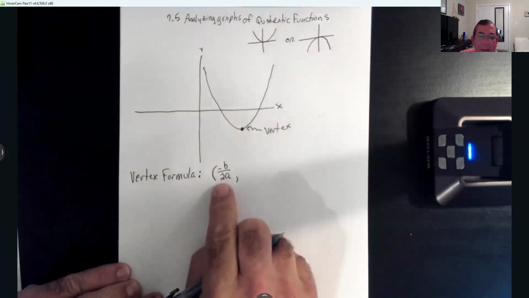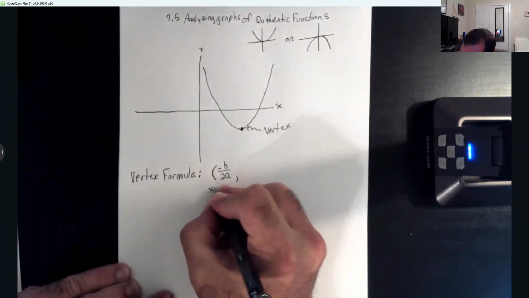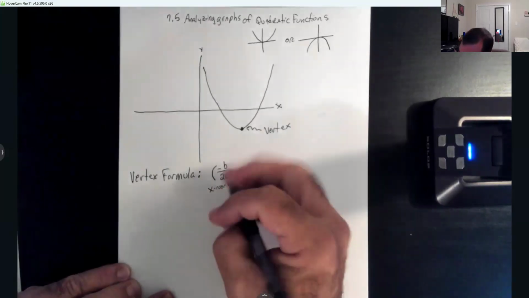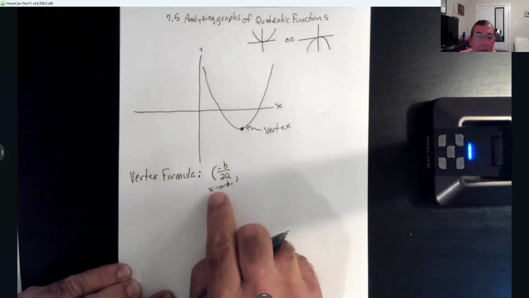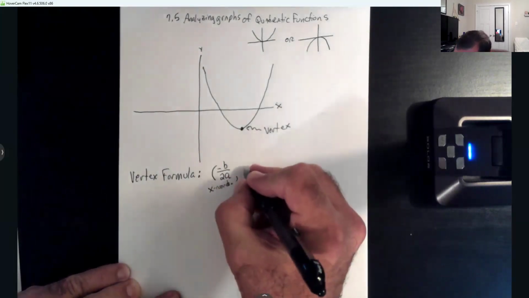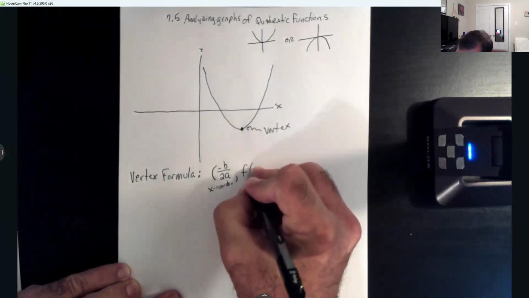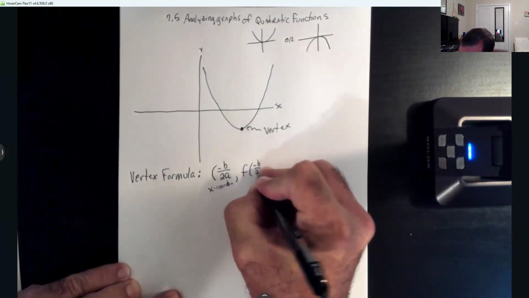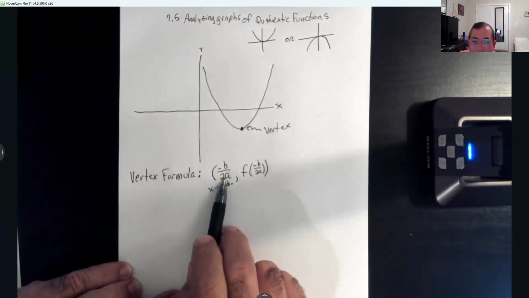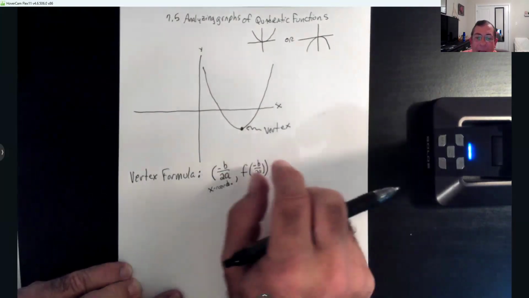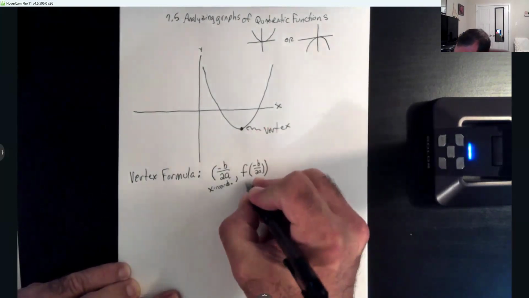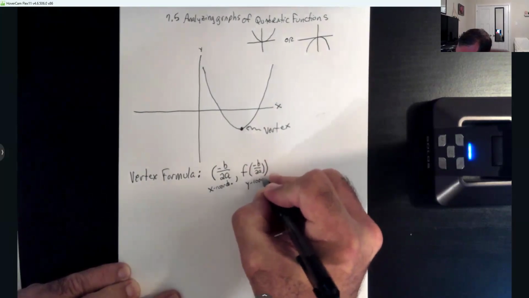So that gives me the x coordinate. To get the y coordinate, we find f of negative b over 2a. So we get the x value, and we take that x value and plug it back into the function, and that's going to give us our y coordinate.